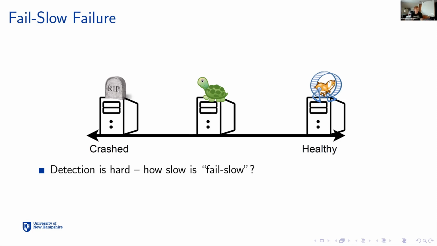And this is the problem with detecting them. How do we detect these slow failures? How slow is slow, right? If we have this binary model of failed, not failed, it's easier to make those detections. But here, at what point do we consider something slow enough to be slow?